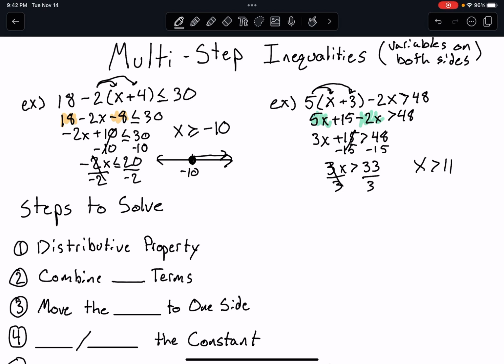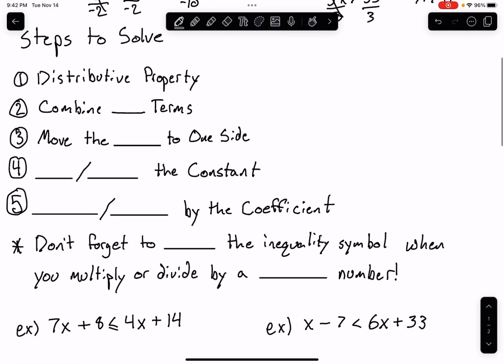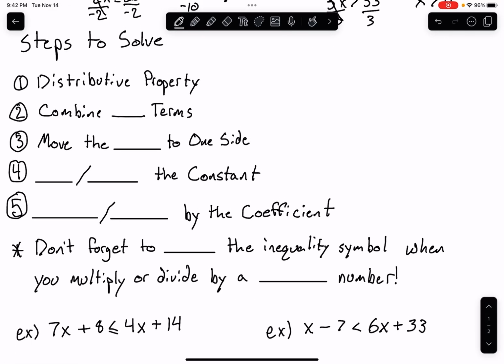All right. So we're going to go over these steps to solve again. I know I think we've seen these quite a few times, but we want to learn these, we want to know them, and we want to follow them. So steps to solve a multi-step inequality, just like an equation. Do your distributive property anywhere you can. That is step 1.